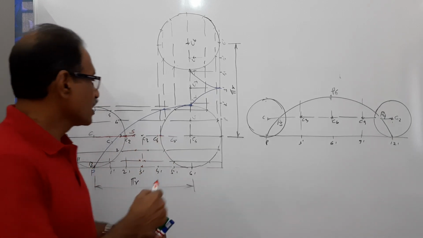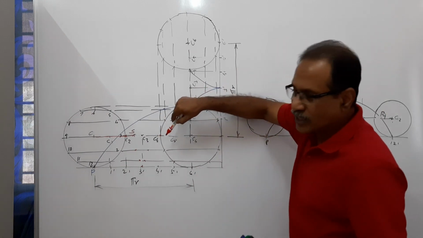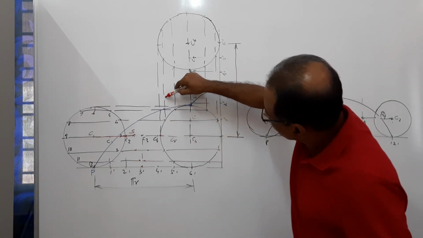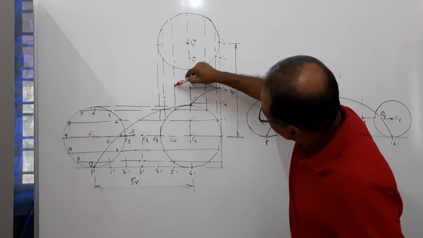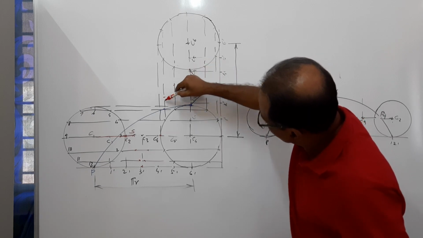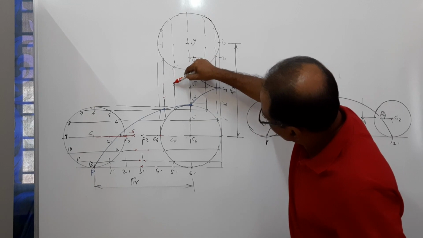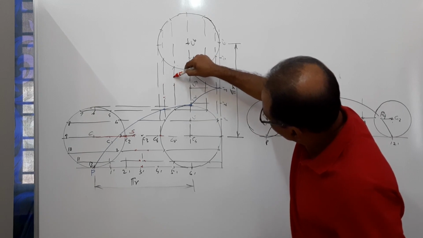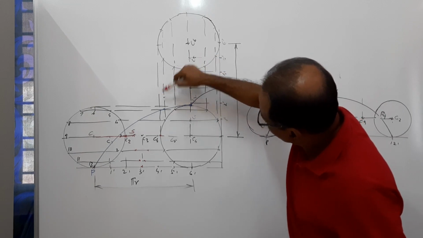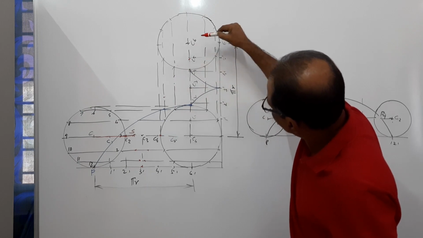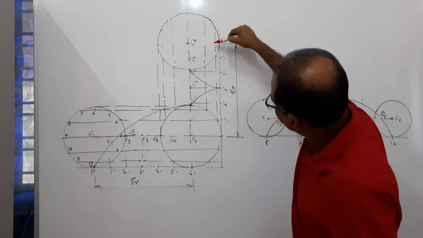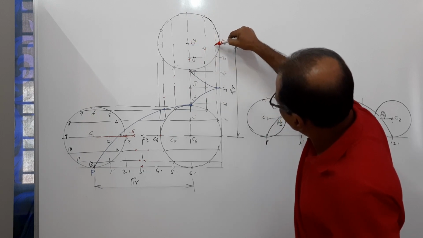Then, look from here, the tracing point is on the right side. P7, P8, no, P8 will come here. P7, P8, P9, P10, P11, P12.